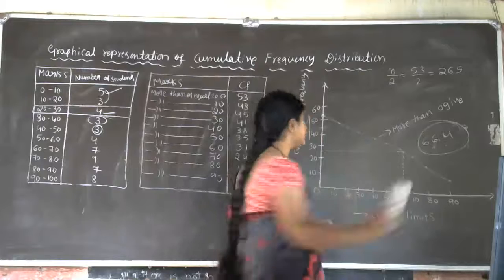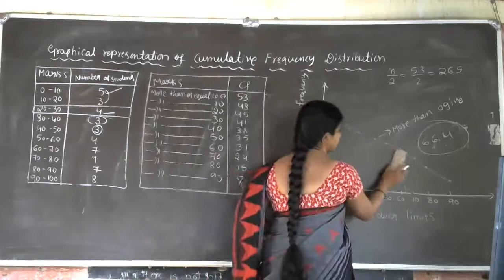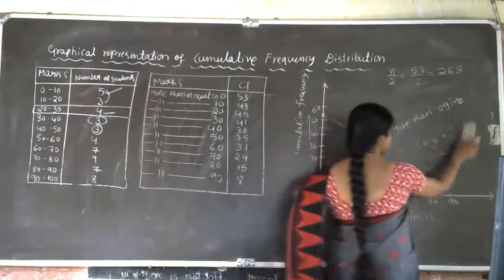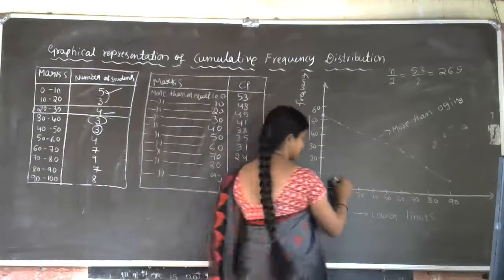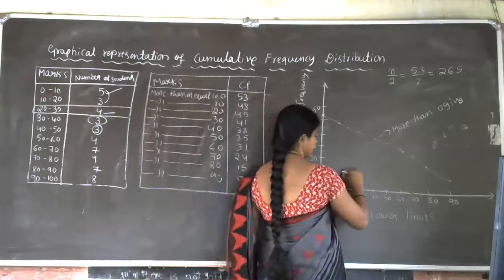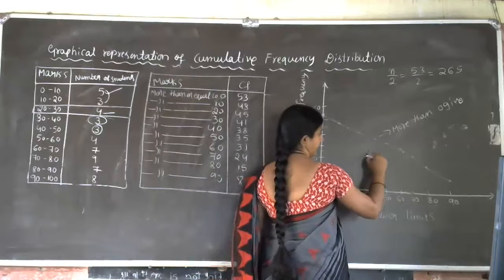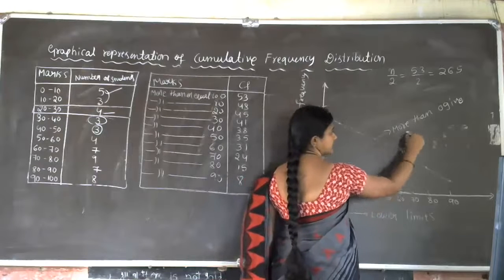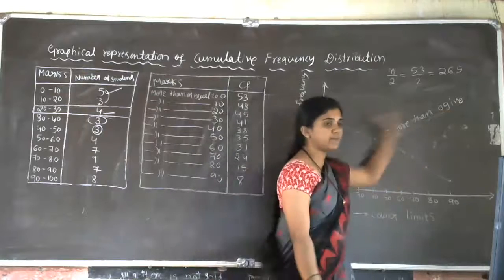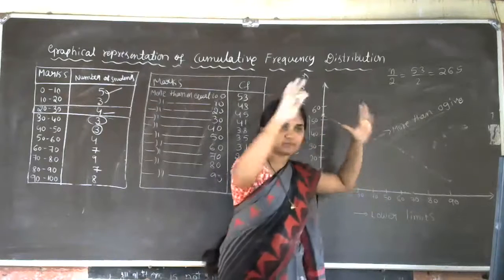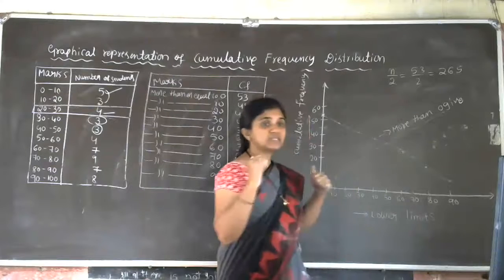Now here we have the less than type and more than type graph. In the same plane we have to locate the less than type, and you will get the less than type ogive in this form. Less than type and more than type are on the same sheet, same plane. So which is the median?